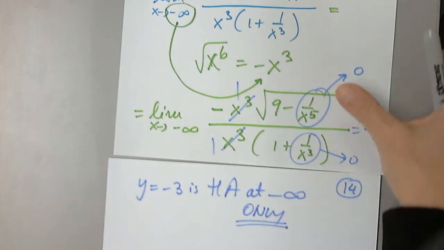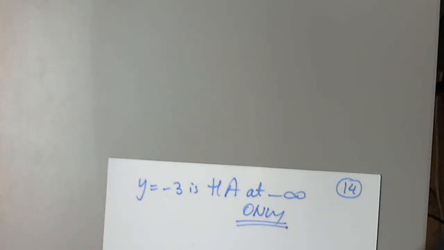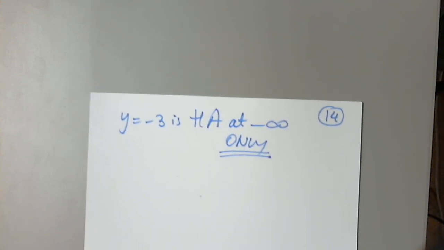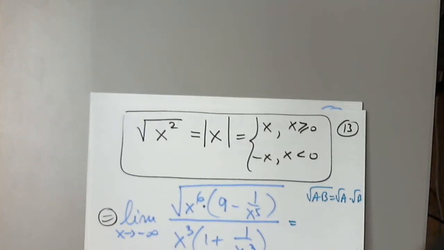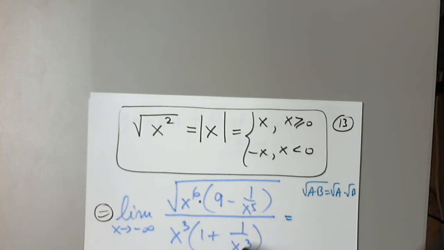So just with these two that we just did, could you just look at the 9 and the 1 the whole time, like in the very beginning? Yes, but then you will say it's positive 3, but actually it's negative 3. Be very careful, because of the absolute value. The answer is the absolute value of x to the third.